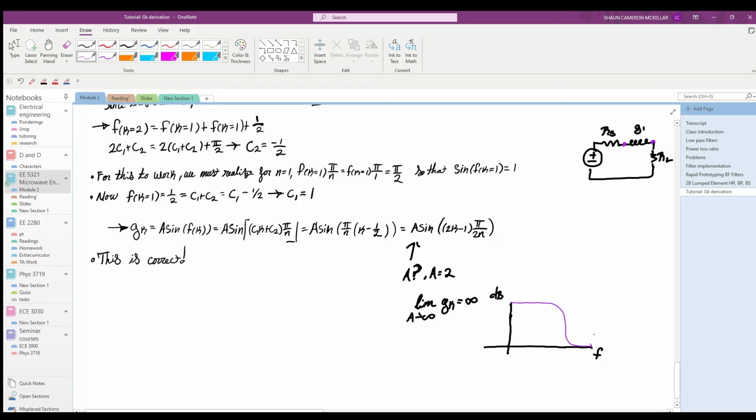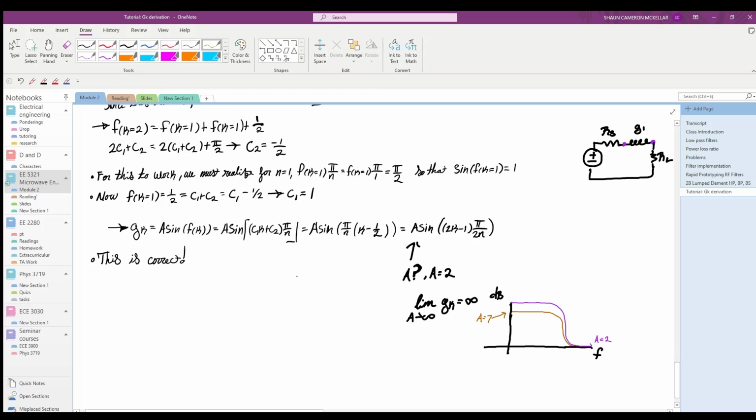And so this is for the A equals 2 scenario. Now, if we go in and select something else, say A equals, I don't know, A equals 7, it's just going to attenuate this even further. And so we'll have even more loss, and it will probably look something like this. So that's for the A equals 7.